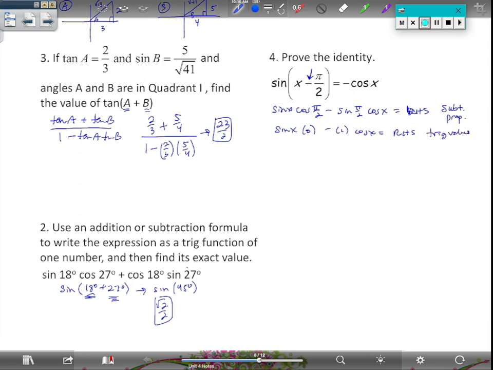Now we know 0 times sine is 0, so this leaves me negative cosine. And this is just multiplication. And there's our proof. Okay? So that's just an example of a proof using an addition or subtraction property, because you will see them. All right, is everybody okay? Okay.